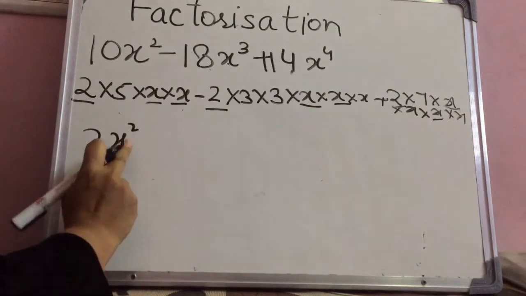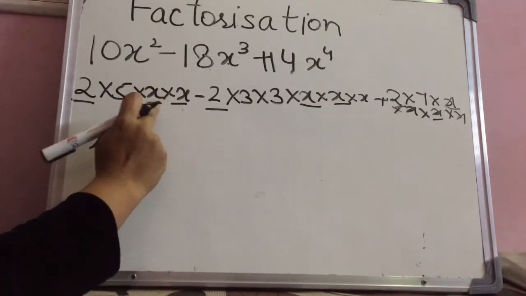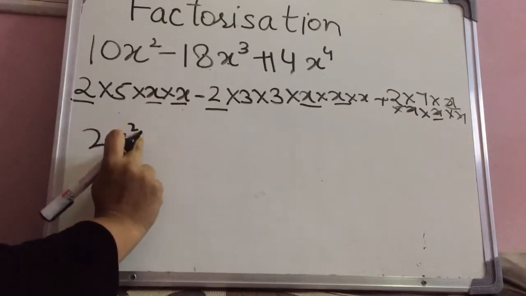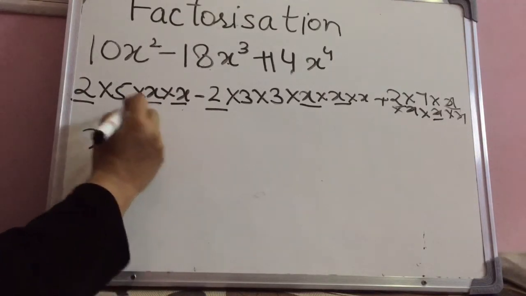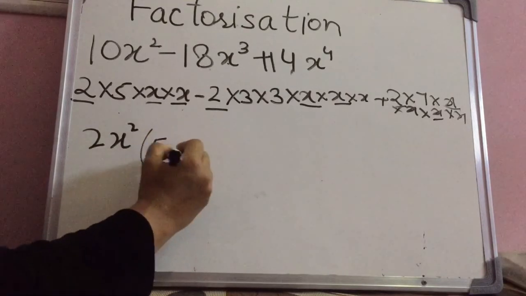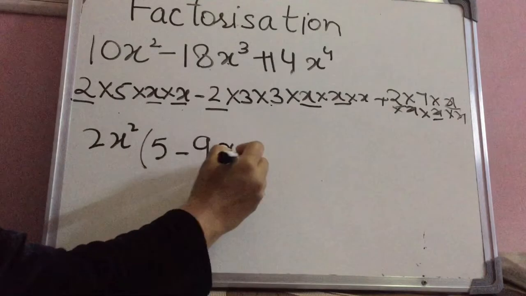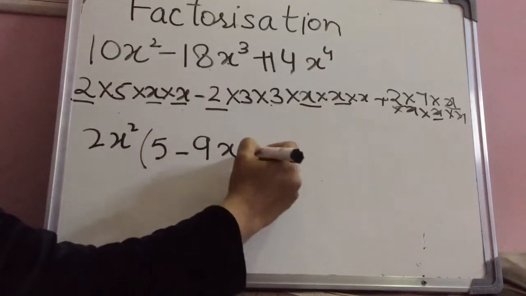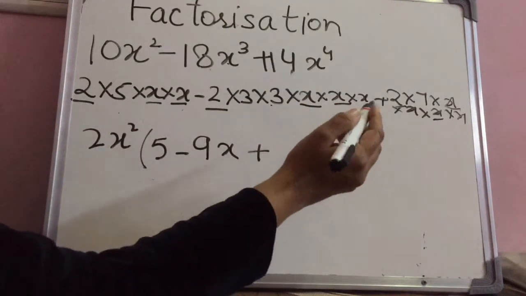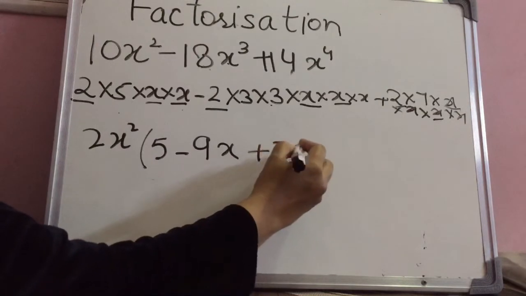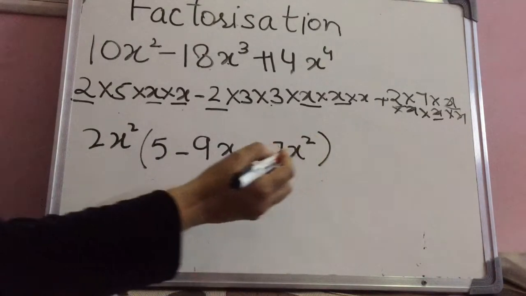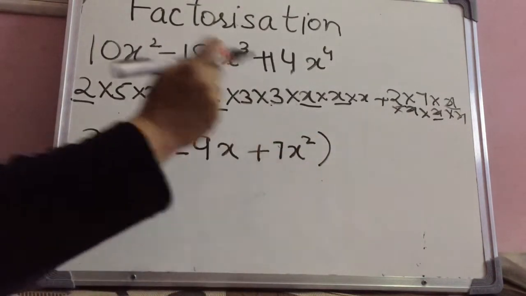Always remember, when we multiply two variables, then we double the power. 5 minus 9x, right? And from the last term we have 7x square. Okay, so we have these two factors.